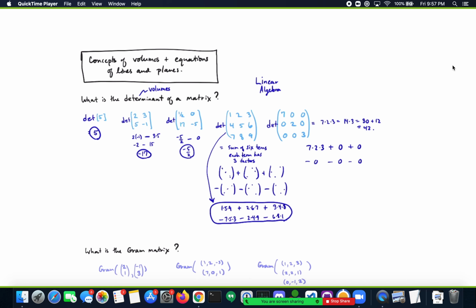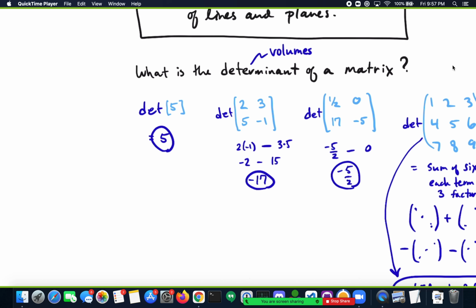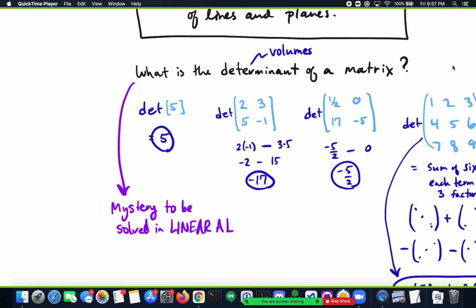Now, what is the determinant of a matrix? Well, unfortunately, I will have to leave this as a great mystery, a mystery to be solved in linear algebra, which is the most important math class, because everything gets turned into linear algebra.